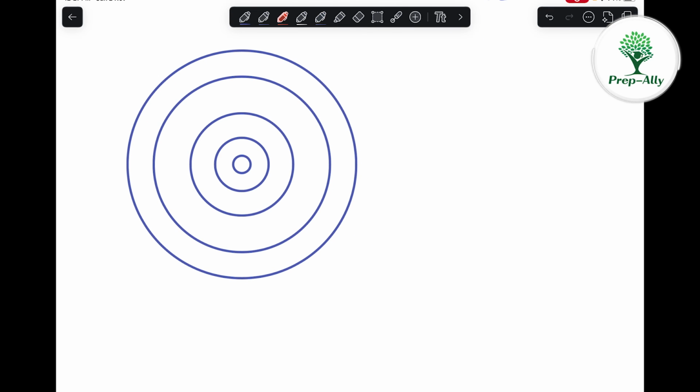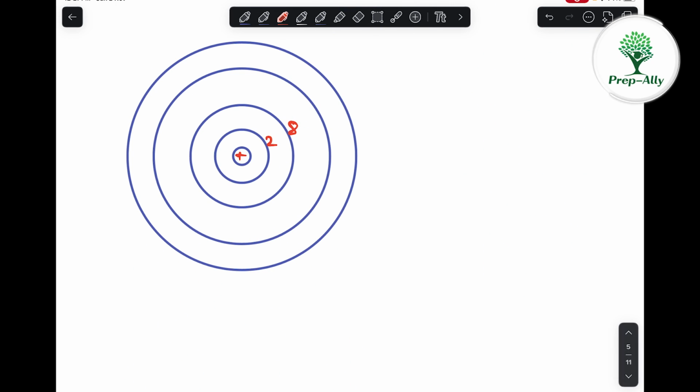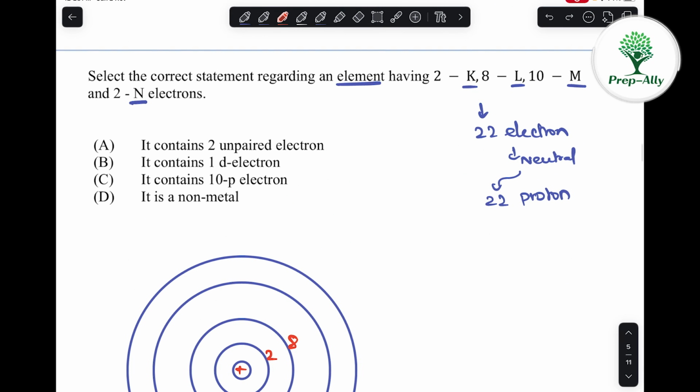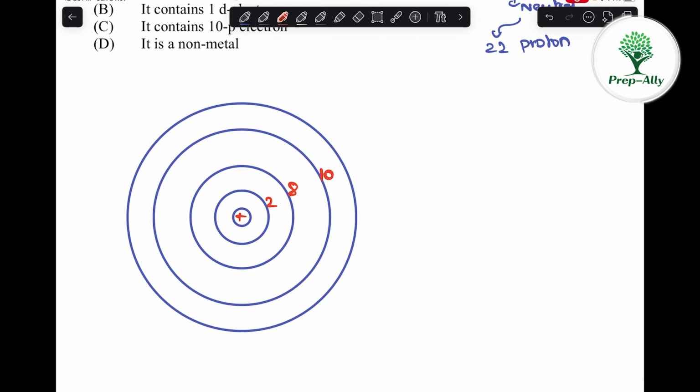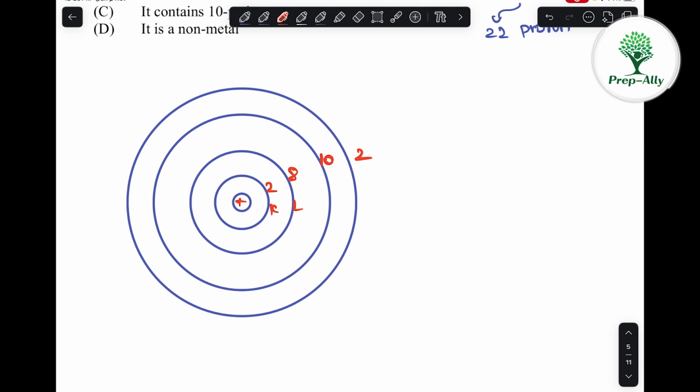This is a nucleus which is positively charged because of protons, and neutrons are also there. In the first shell I have 2 electrons, in the second shell I have 8 electrons, the third shell I have 10 and the fourth shell I have 2. K, L, M, N.